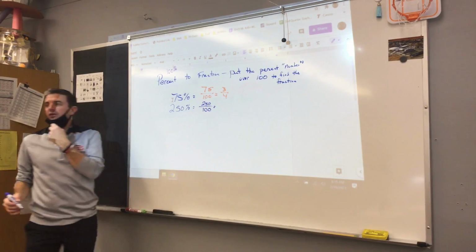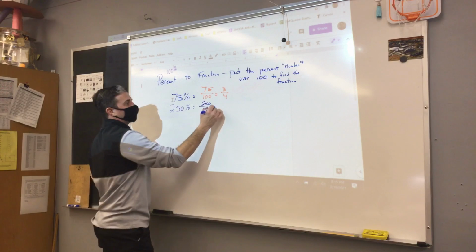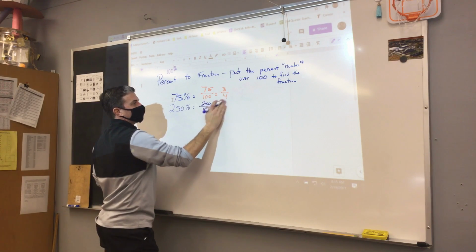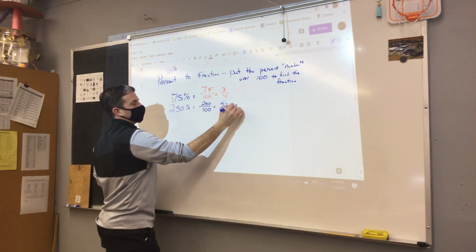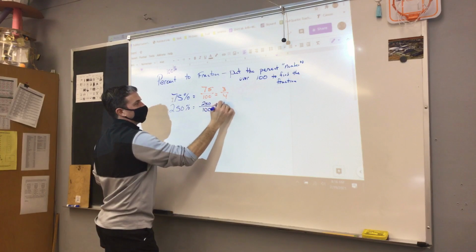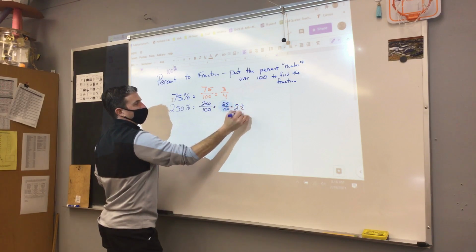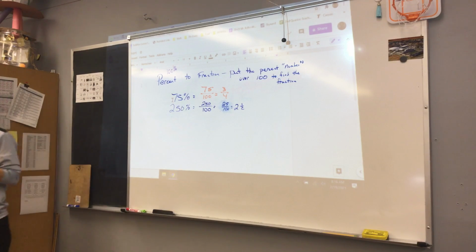What's that simplify to? 2.5. Right? Because we ultimately, well, wait, just let's look at this. 250 over 100 simplified is 25 over 10, which is 2.5. 250% is like over 1, so it's 250.